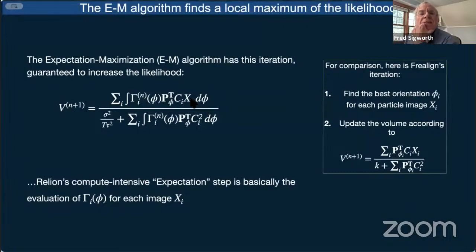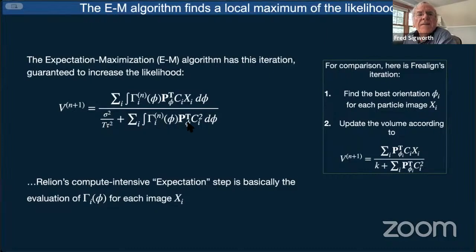Here we go. We take an image, CTF, do the back projection. We weight it by this gamma function, and we integrate over all projection directions. So it's just like free align, except that we're taking a weighted average of the 3D slices resulting from the image with different projection directions.